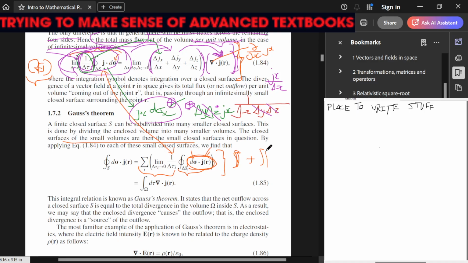So the integral plus the surface integral will give us a triple integral. Oh my goodness.